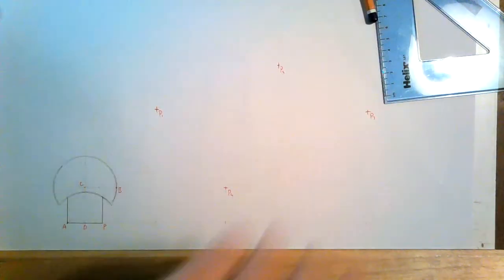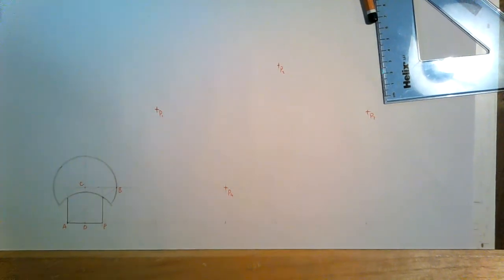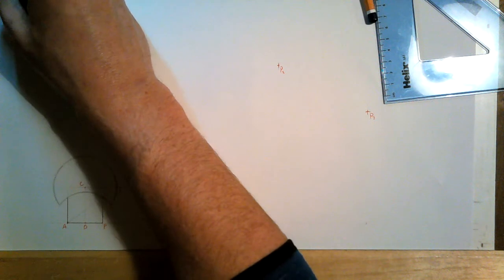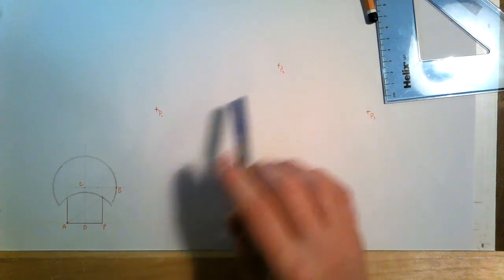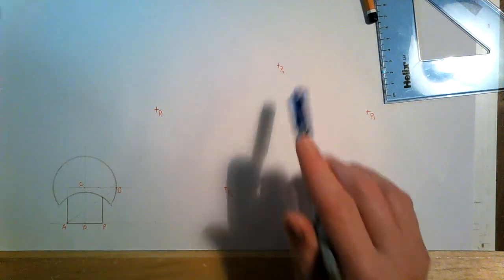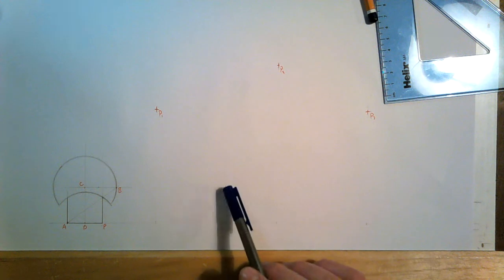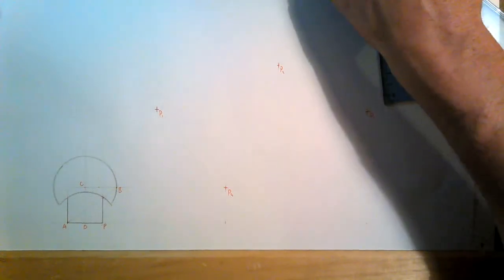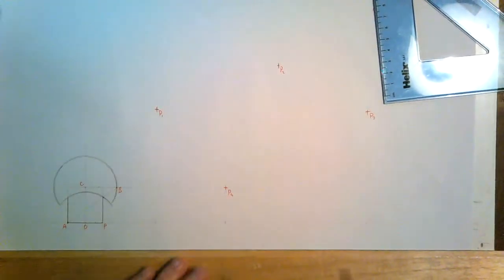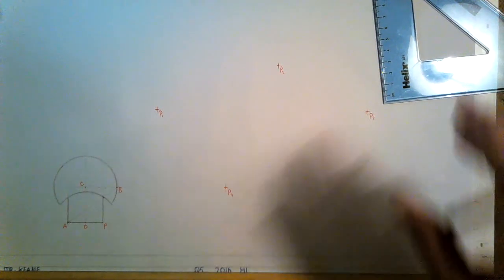Now I'm going to draw up: the first one is translation, P2 is axial symmetry, central symmetry, and P4 is rotation. If you can visualize what's going to happen throughout the drawing, it'll make it easier.